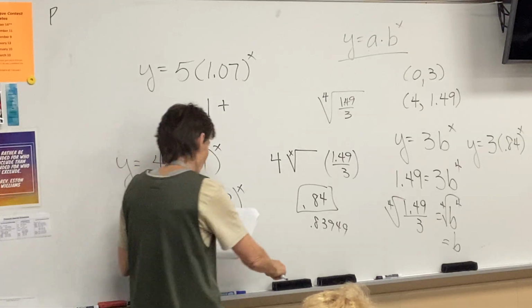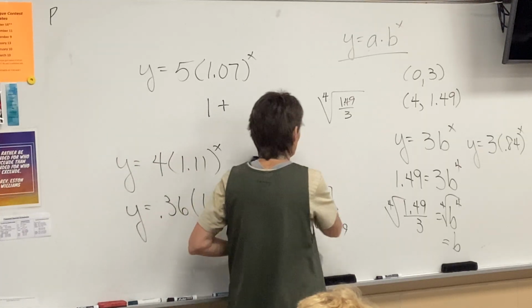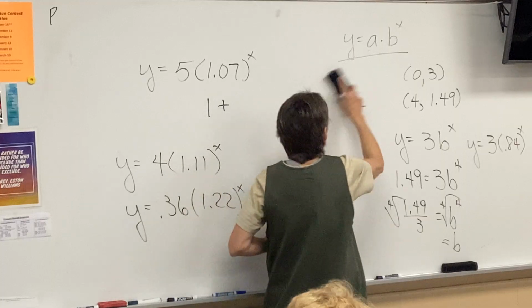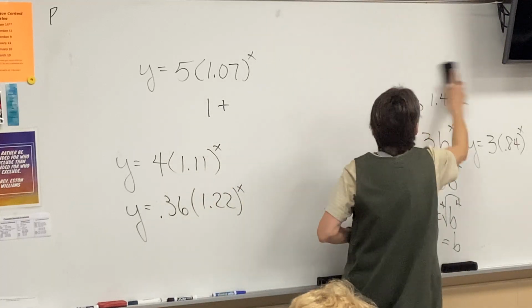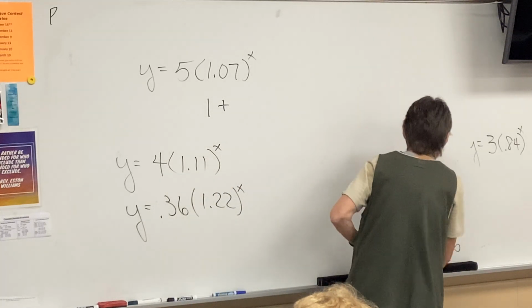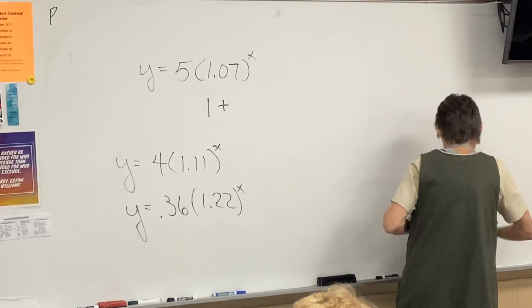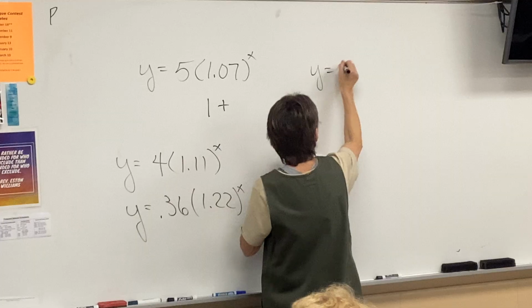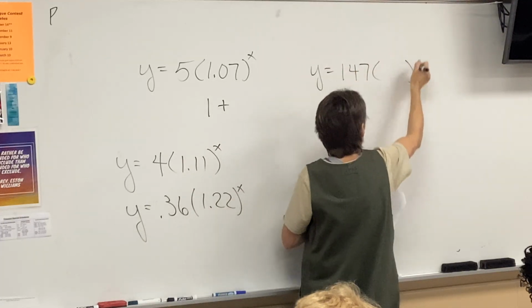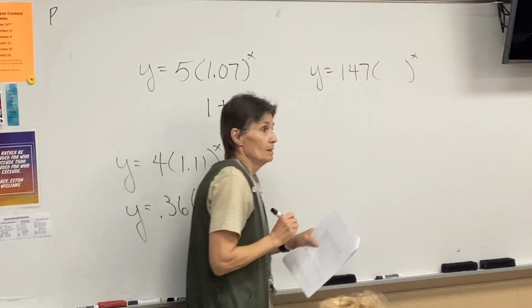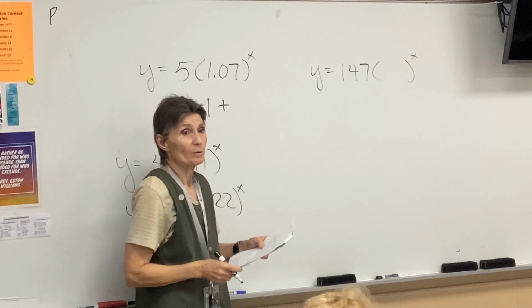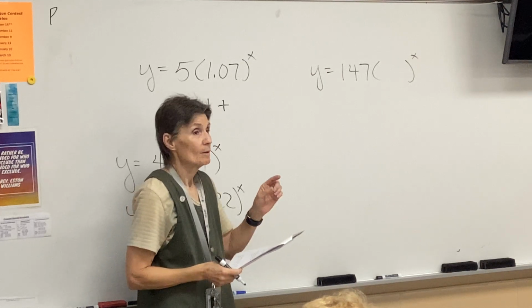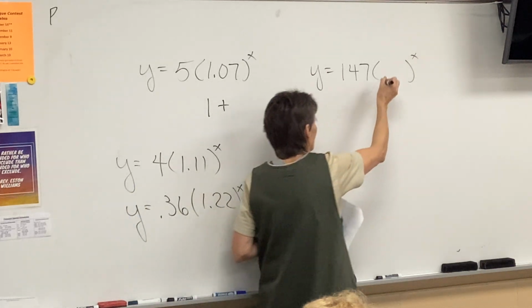All right, what about C? Be careful. For C, we're gonna start with 147. And what's gonna go in the parentheses? 0.9.